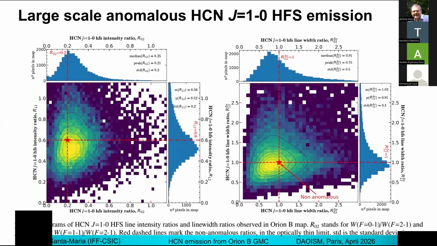Like an envelope, you mean? Yeah. No. So in the paper, we compare the models of how the emission and the ratios would be for this kind of envelope, like a scattering. And this is not the case. There's a figure in the paper where we compare that scenario versus a non-scattering scenario, like a core with an envelope that scatters the HCN emission.